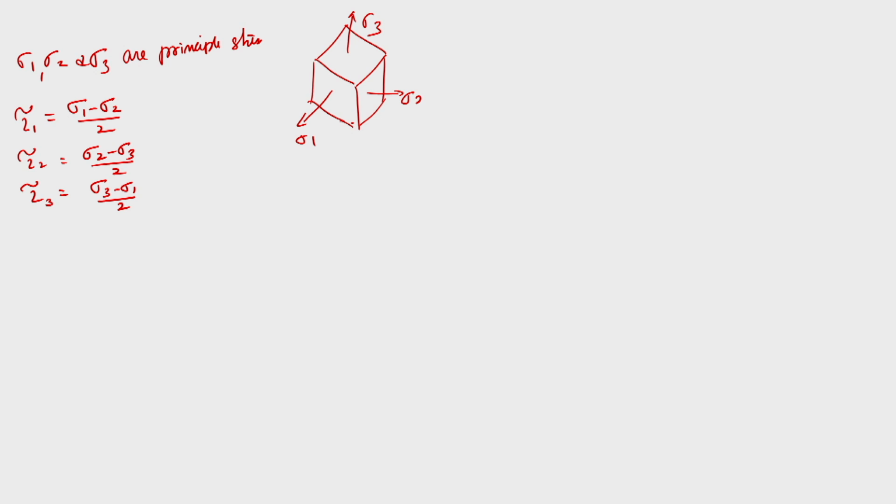So, for example, if you look at what those planes are, say if this is one plane, along these directions, in this plane you have this tau here. So, in this case you will find that tau 1 is equal to sigma 1 minus sigma 2 by 2, the maximum.